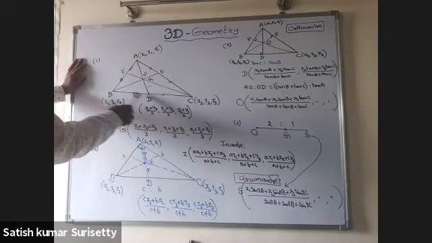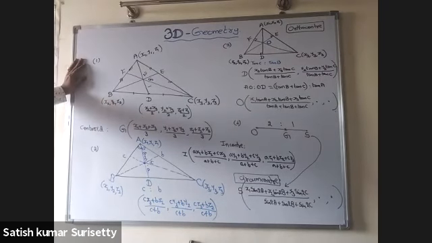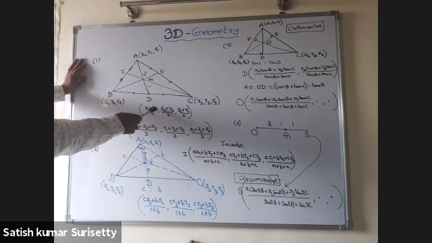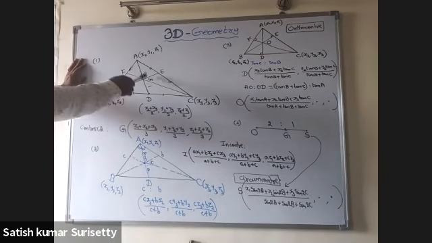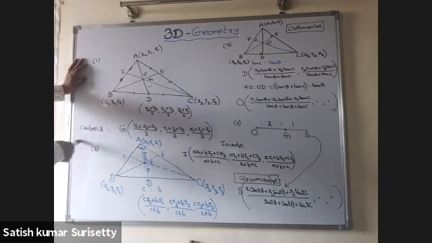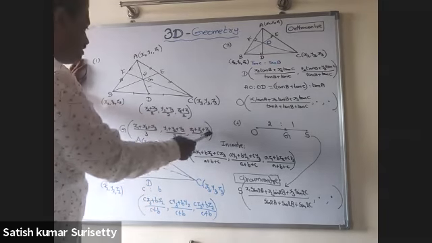D is the midpoint of BC. So D is (x2 plus x3 by 2, y2 plus y3 by 2, z2 plus z3 by 2) and G divides AD in the ratio of 2:1. So the coordinates of the centroid are (x1 plus x2 plus x3 by 3, y1 plus y2 plus y3 by 3, z1 plus z2 plus z3 by 3).